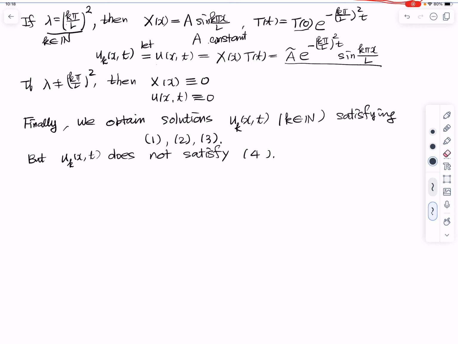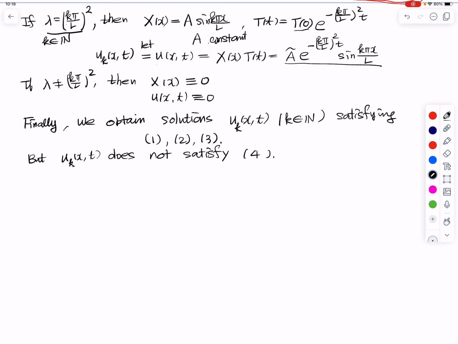And then one idea is this: because each of these does not satisfy the fourth condition, you can consider an infinite sum of them. You can consider a series solution.